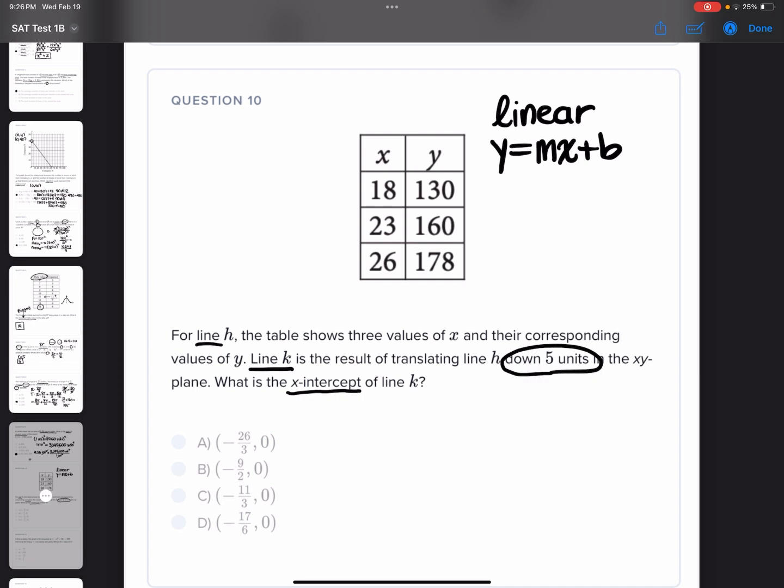And right now this doesn't make sense because you're like, oh crap, I have some lines and I don't really know how I'm supposed to relate them to each other. And what is this whole table for? This table is for line H, remember? So we are not talking about line K yet. We have to solve for line H before we start talking about K.